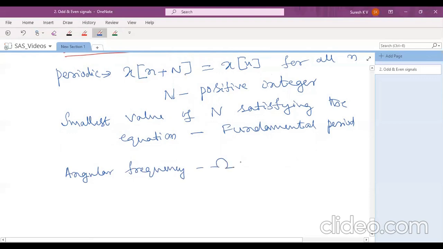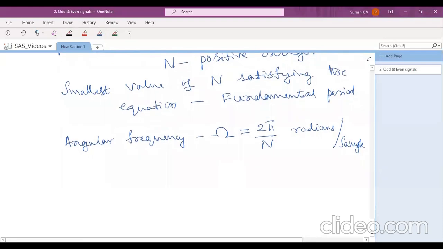The symbol is omega, as you could see. So it is 2 pi by capital N, and the unit is radians per sample. Okay, so this is how I can verify whether a given discrete signal is periodic or not.